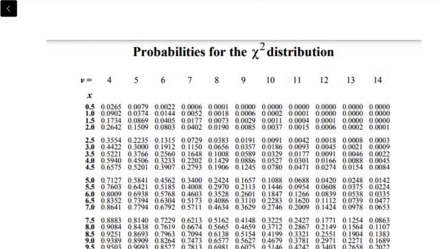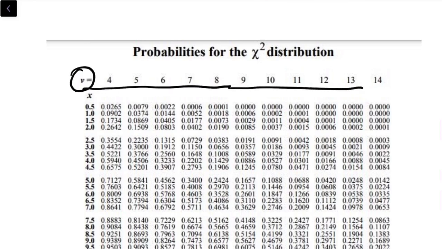So this is the table of chi-square distribution. As you can see, on the x-axis you have the degree of freedom, and on the y-axis you have the values of x. Okay, so the distribution probability is probability of X less than or equal to small x.